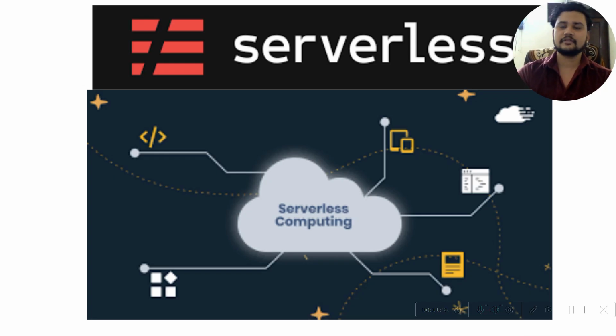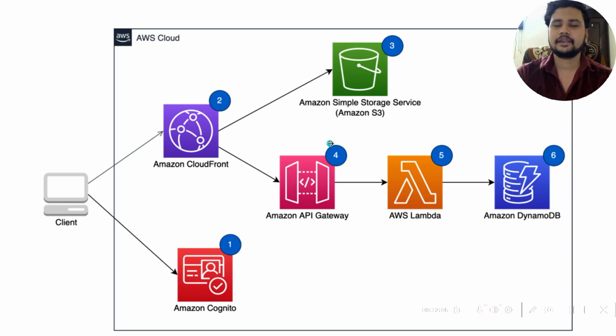Serverless will be the main advantage going forward. Everyone will move to serverless, but it also has some benefits and drawbacks. This is a basic architecture of serverless where the client, which is our user, let's give an example, is trying to log into an app like Instagram.